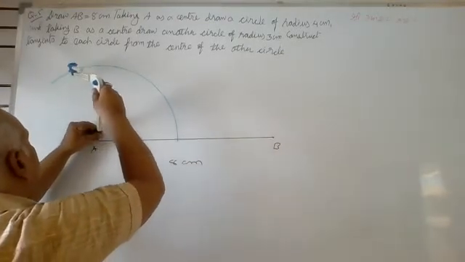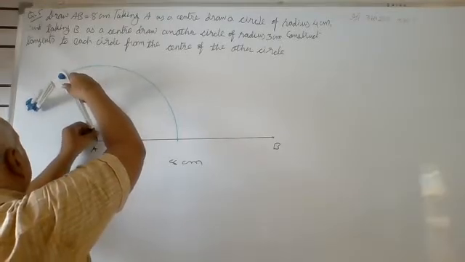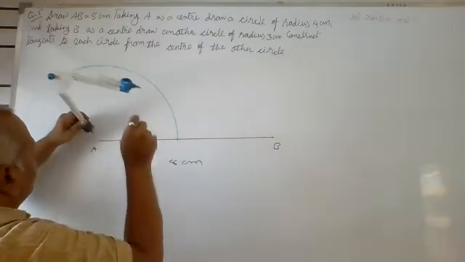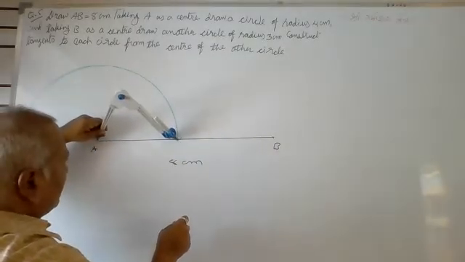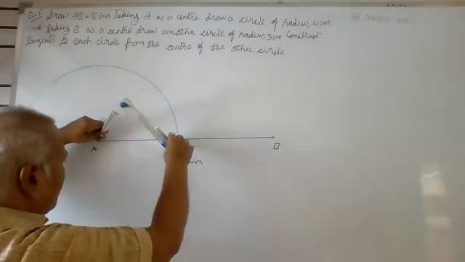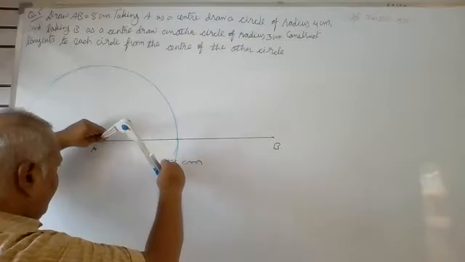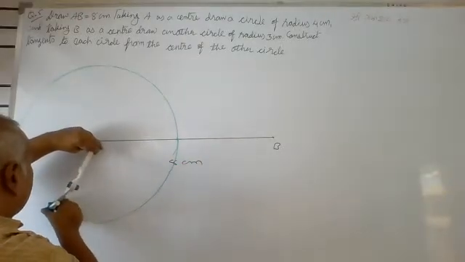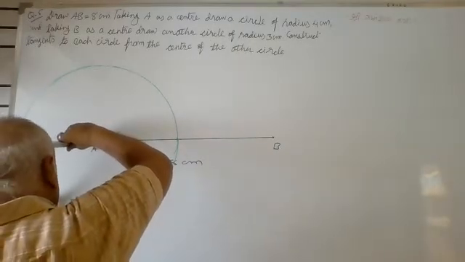Here I am constructing a circle by taking the proper measurement. You can see it is the circle having proper measurement. This is the circle required for the construction.